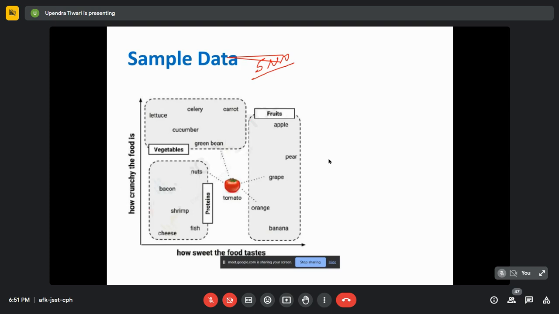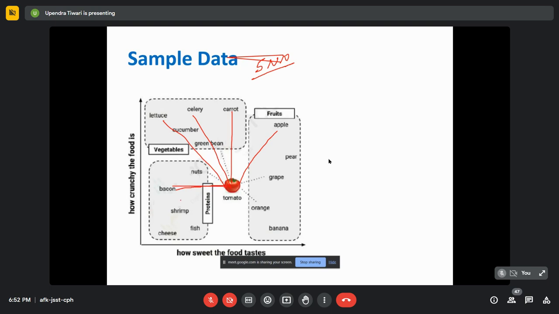Say out of these 5, I found carrot, celery, lettuce, apple, and bacon.